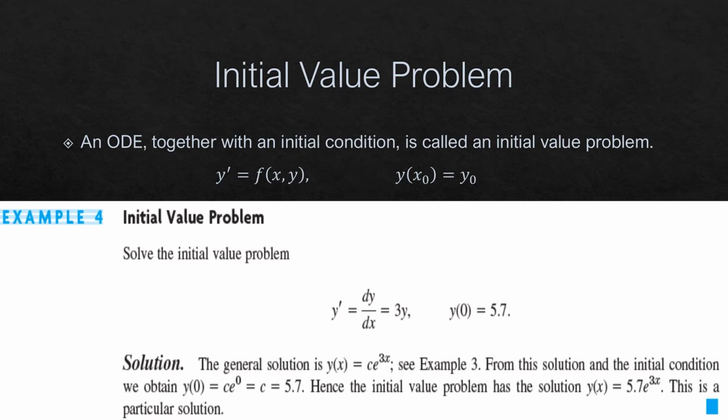So when we put 5.7 equal to c exponential 3 into 0, c becomes 5.7. Hence we calculate the value of c, and y(x) is equal to 5.7 exponential of 3x. This is the solution of this initial value problem.